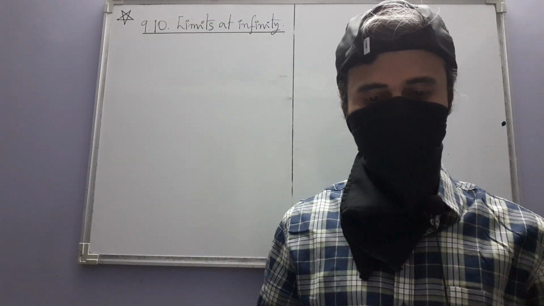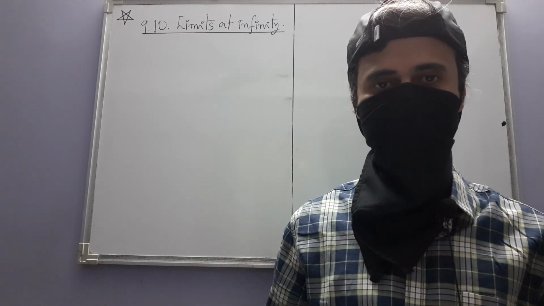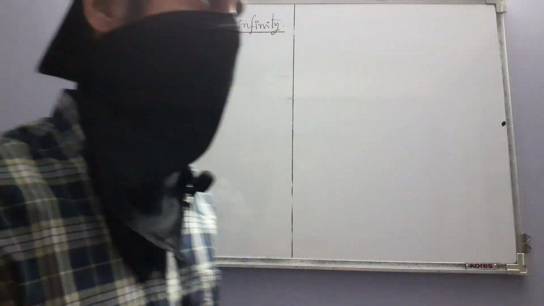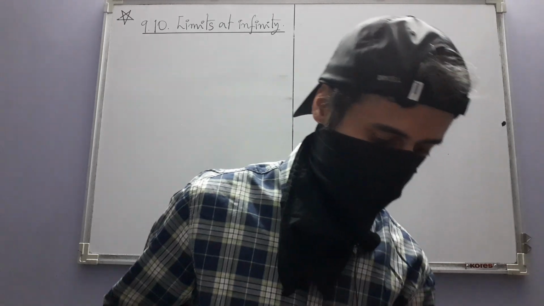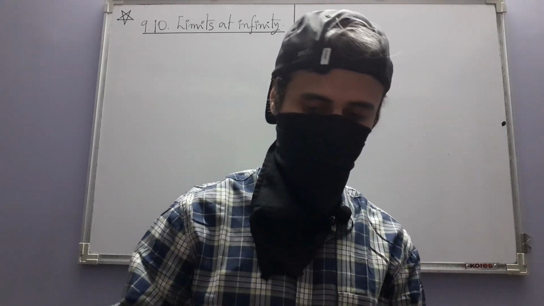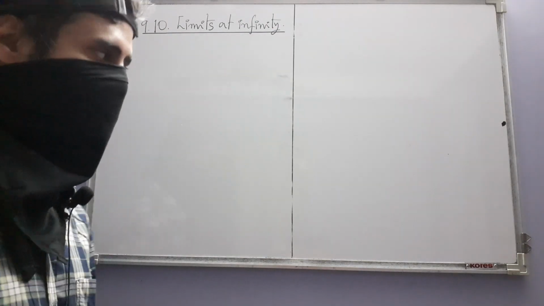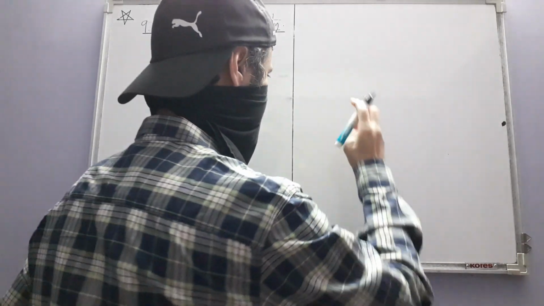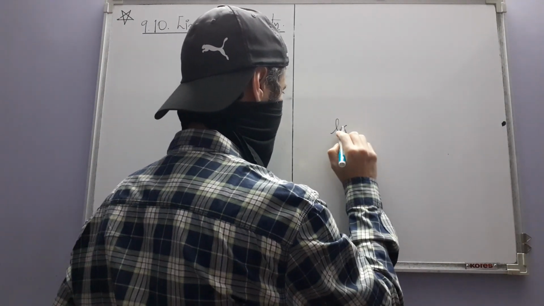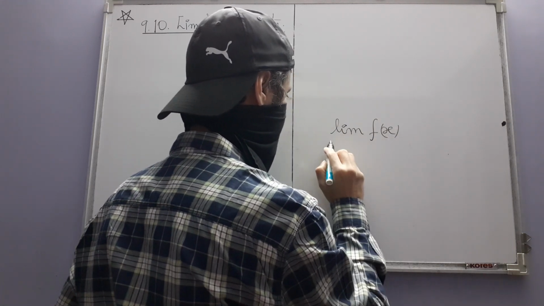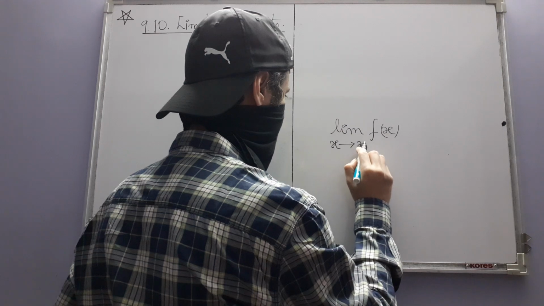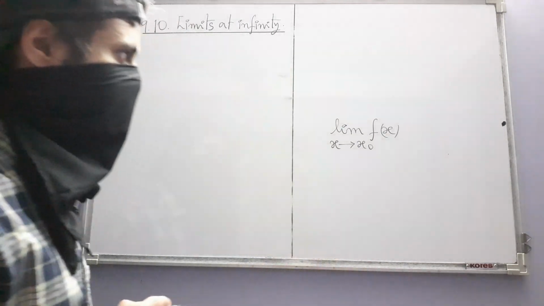Okay, so we have reached the last section of this chapter, and this section mainly just defines one thing, that is limit at infinity. Note that we have already seen this limit of a function f as x approaches x naught.